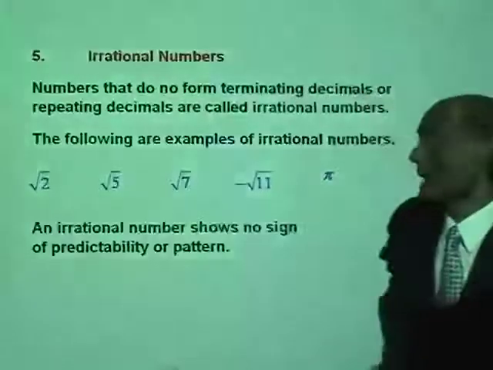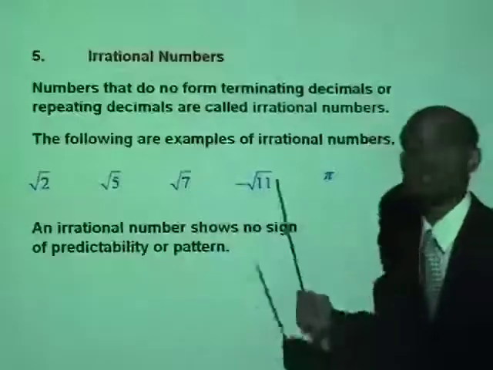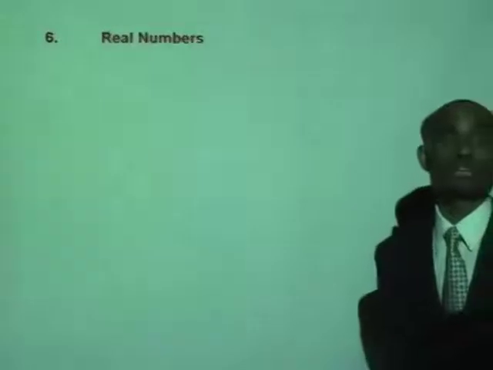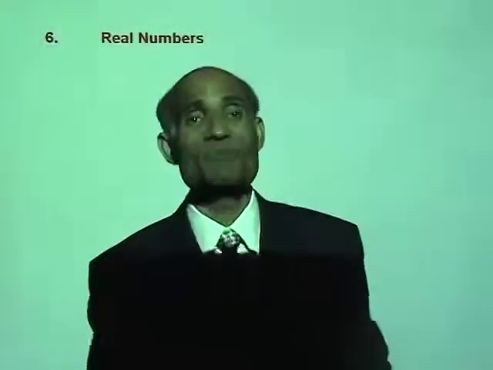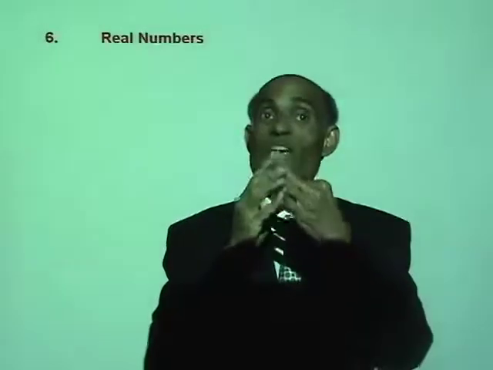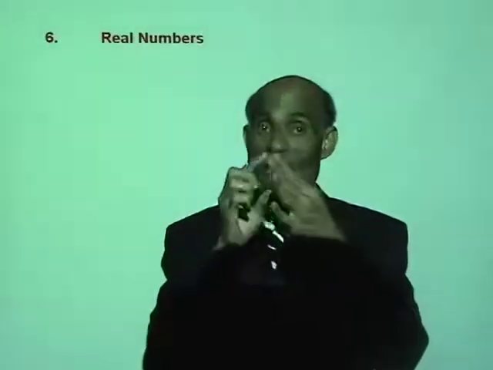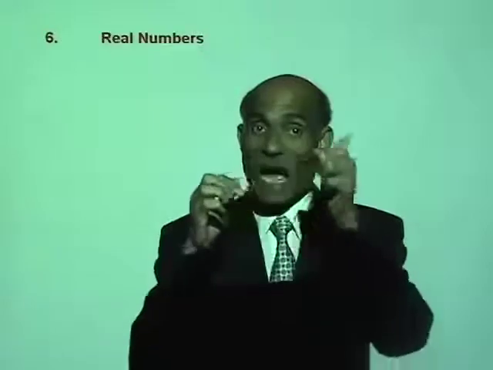All right? An irrational number shows no predictability. Now, what are the types of numbers we have talked about so far? We talked about natural numbers, whole numbers, integers, rational numbers, and irrational numbers.